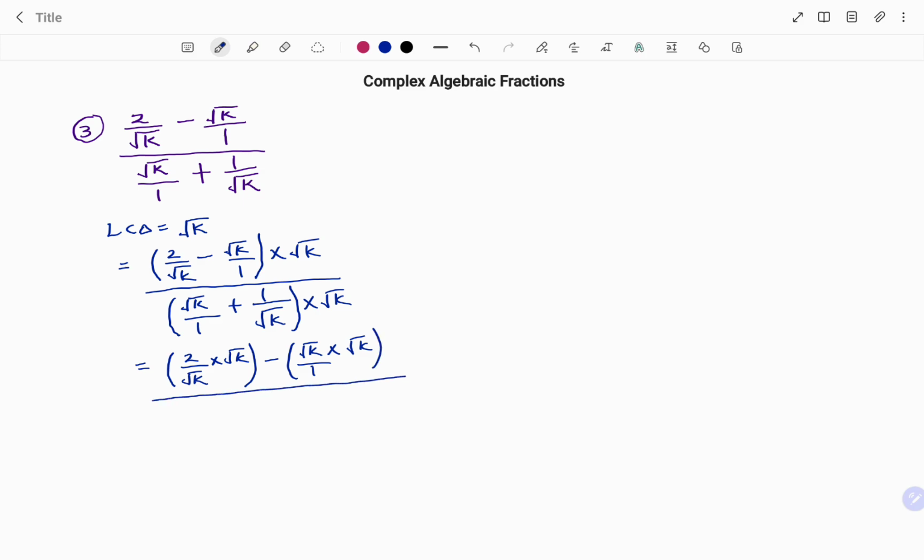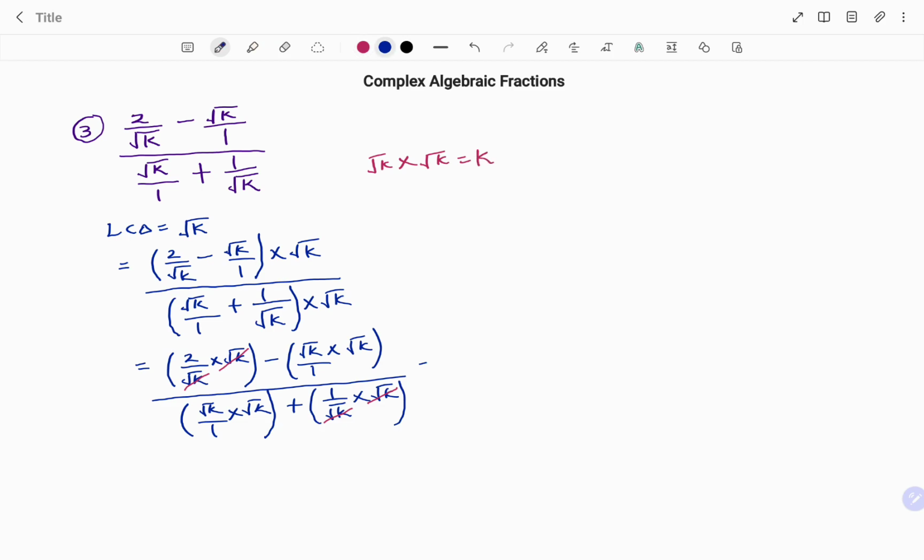For our denominator, we have the same, root k over 1 multiplying root k, close bracket, plus 1 over root k multiplying root k. To simplify, we have root k divided by root k. We also have root k dividing root k. Note that root k times root k will give us k.